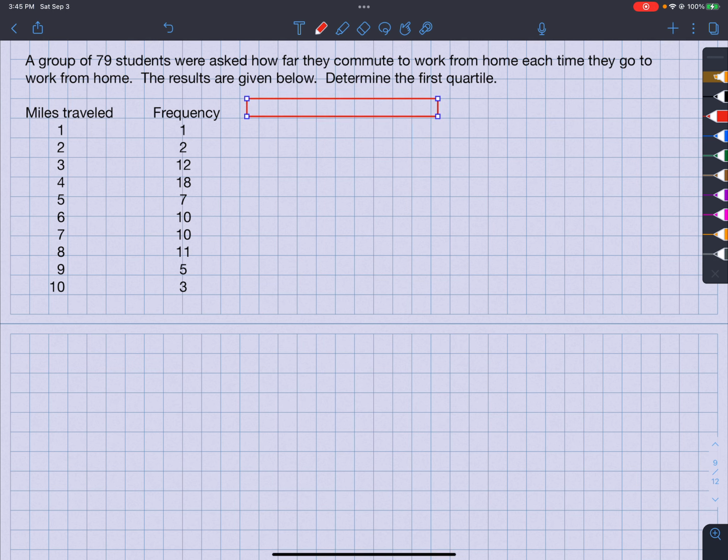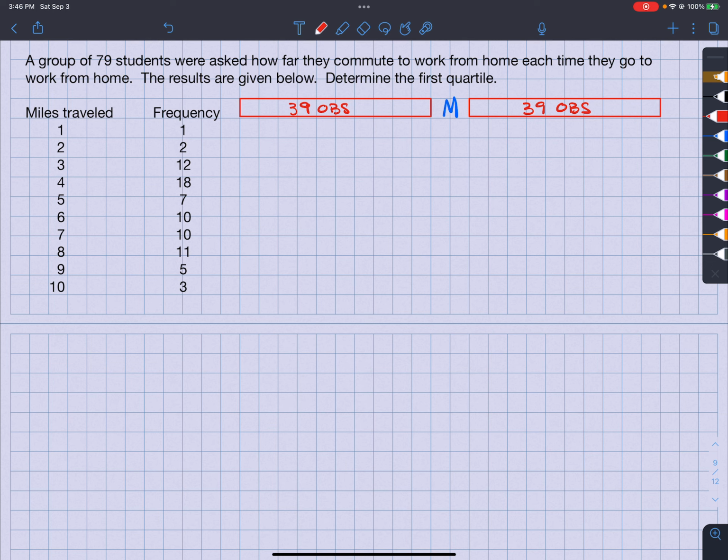All right, so let's say I have 79 pieces of data. How many pieces of data so that I know I have my median right in the center? If I have 79 pieces of data, that means I should have 39 observations to the left of the median, and also 39 observations to the right.